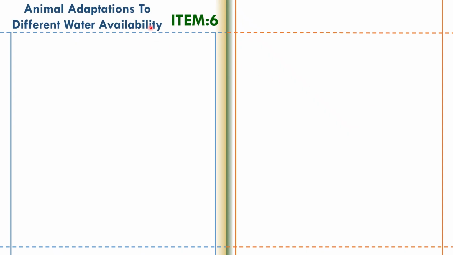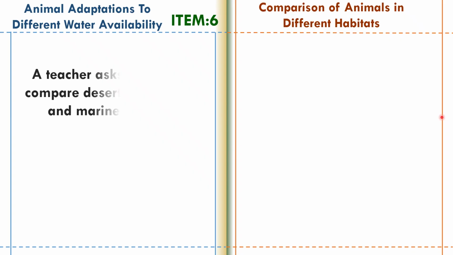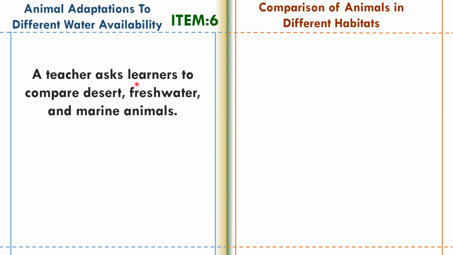Animal adaptation to different water availability, item 6. Comparison of animals in different habitats. A teacher asks learners to compare desert, freshwater, and marine animals.